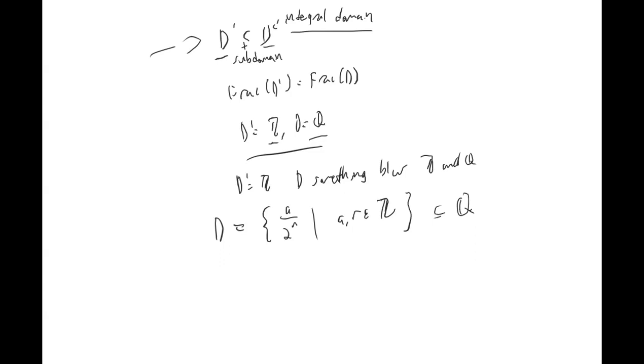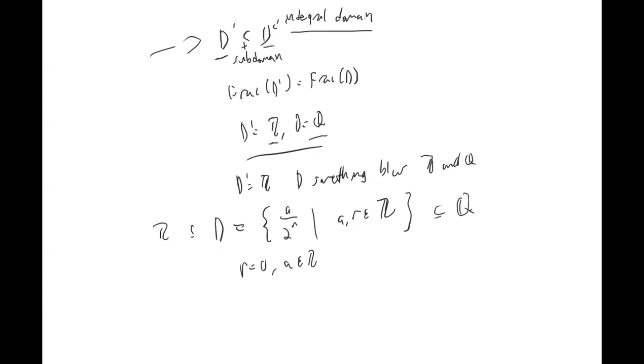And it certainly contains the integers, because just take r to be 0 and a to be in Z. So 2 to the 0 is 1, so you certainly contain the integers.